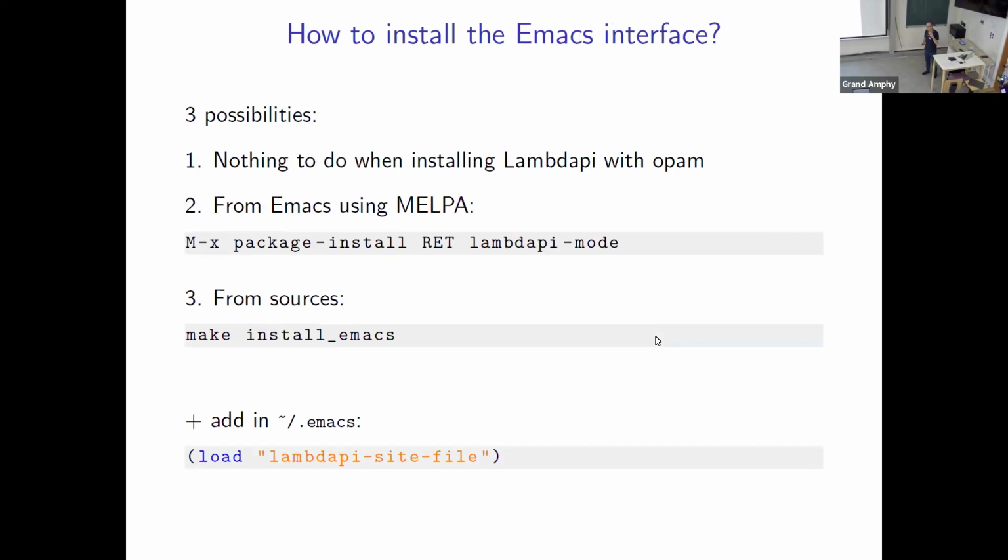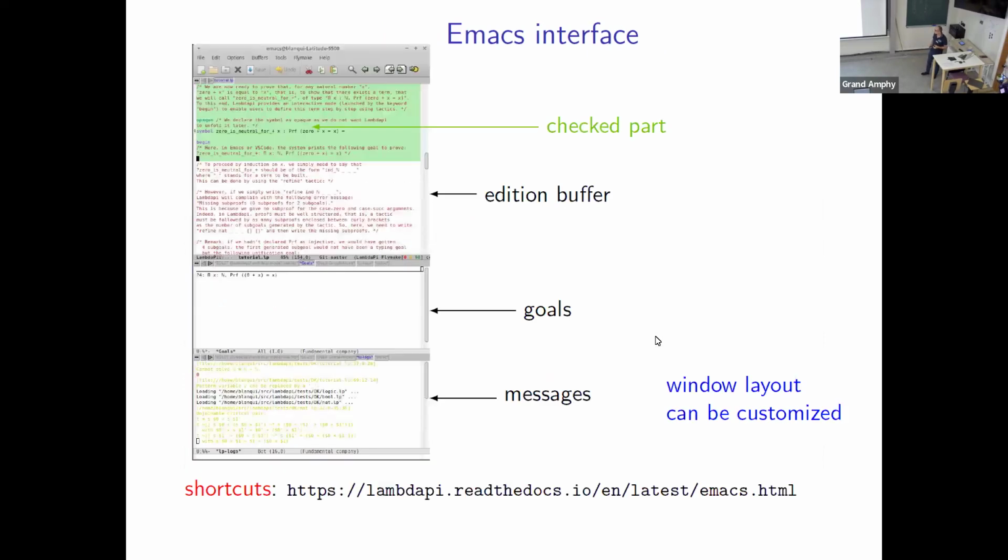For Emacs, there is a package available on MELPA, so it's easy to install. You can also install from the sources if you want. Let me show you how it looks. If you already know and have used a proof assistant in Emacs, it's very similar.